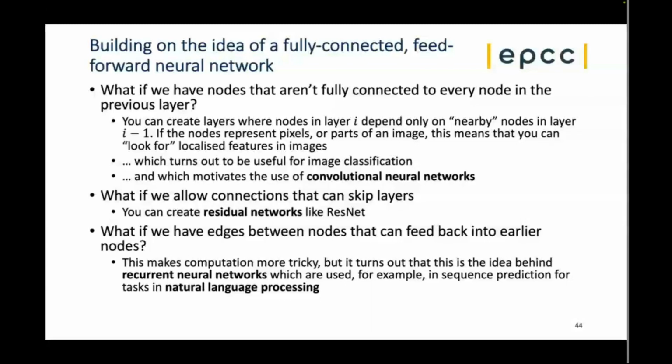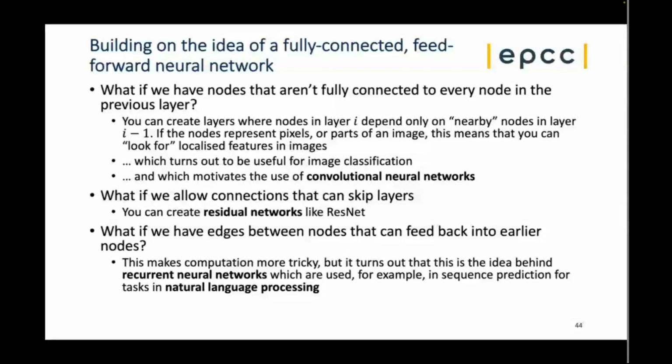Another thing that you can do is have edges between nodes that feed back into earlier nodes. So you get sort of loops in your networks. This makes doing the sums in back propagation a little bit trickier, but it's still possible. This is the idea behind recurrent neural networks, which are used for, for example, sequence prediction for natural language processing.